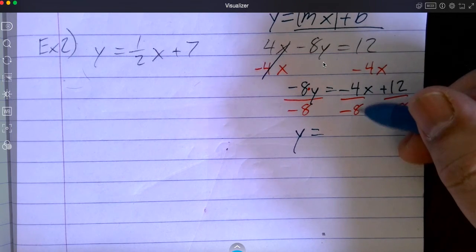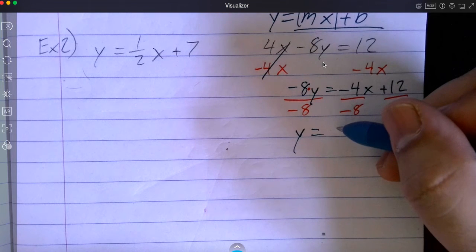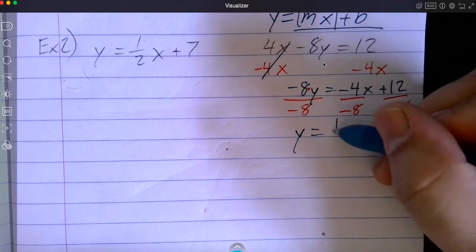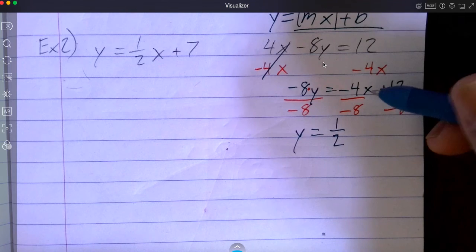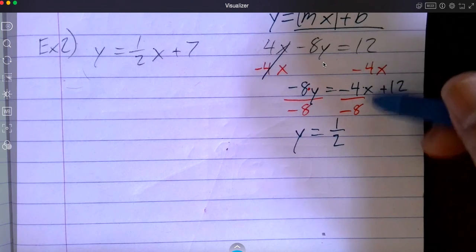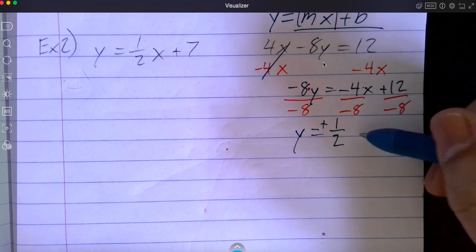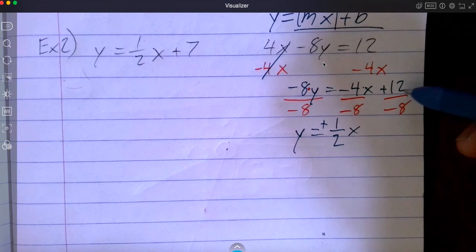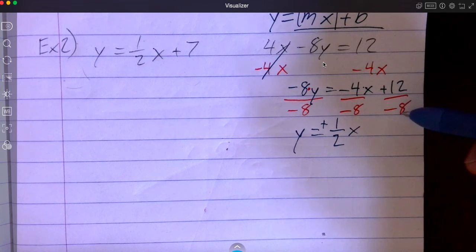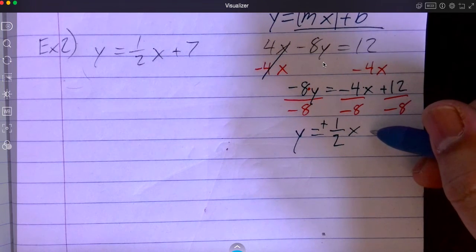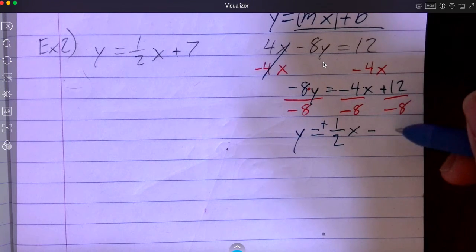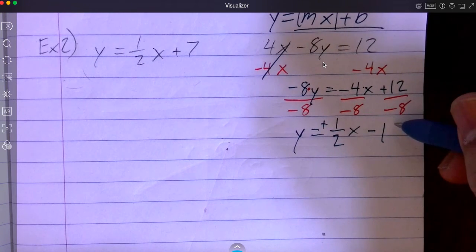So this is different from chapter 4. Simplify it. I divided both numbers by -4. 4 over 8 is 1/2. Negative divided by negative is positive. And ooh, this is going to be a fraction. -1 and 1/2.